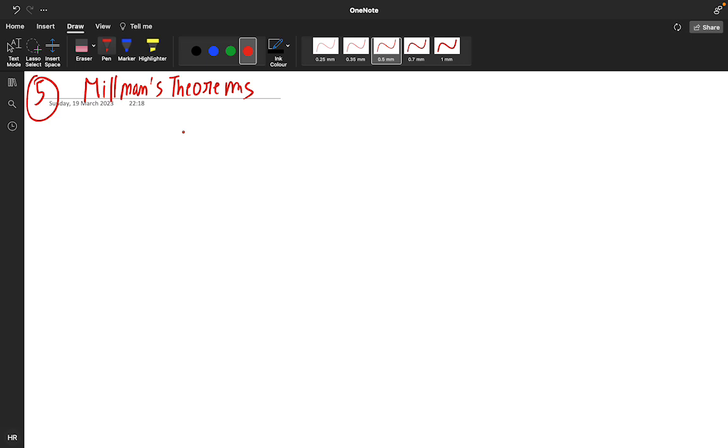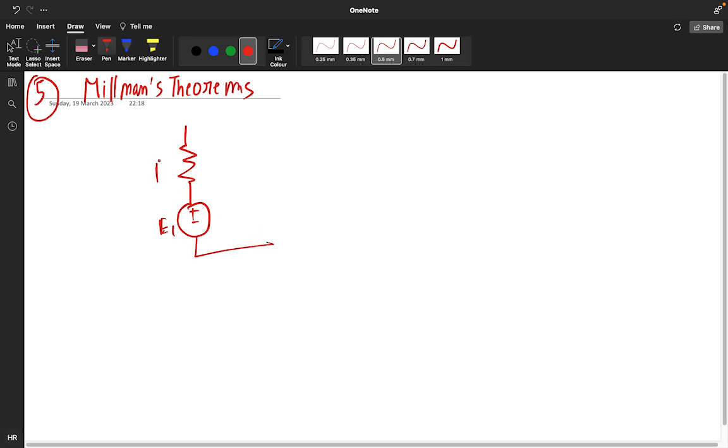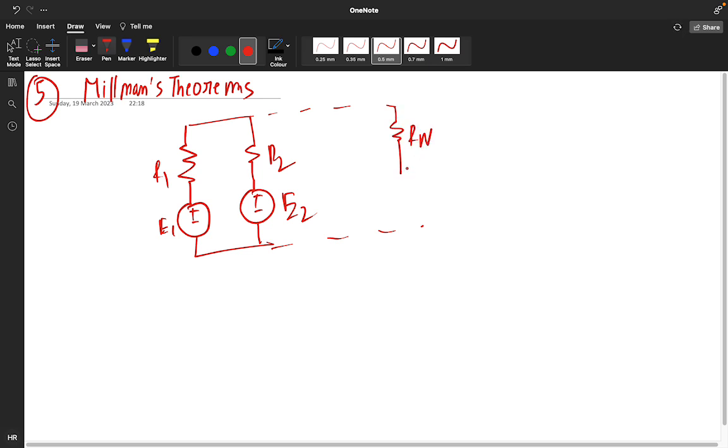Okay, suppose you have a network like this: E1, positive and negative, with R1; then E2, positive and negative, with R2; going on like this up to Rn, with En, positive and negative.